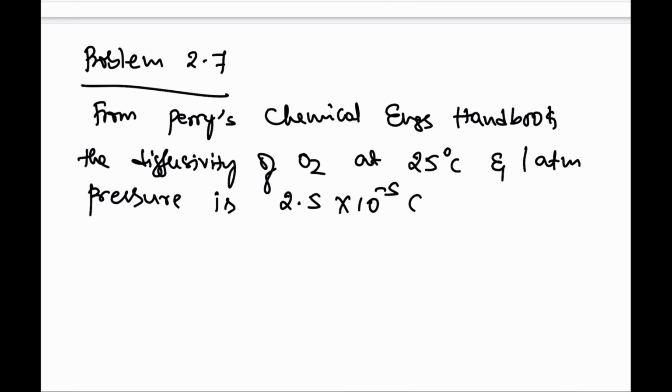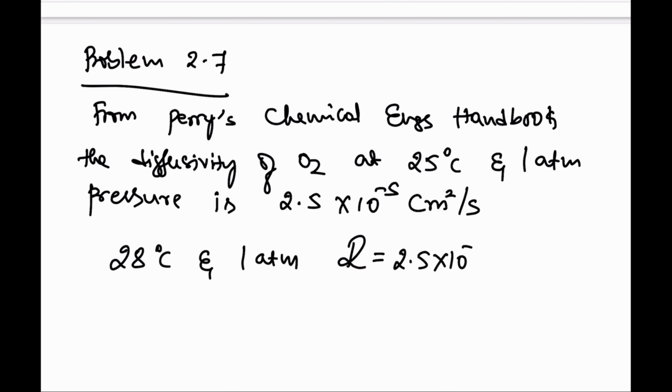In a previous problem we also got this value. As the temperature difference is not large, since the problem statement gives 28 degrees centigrade and again 1 atmosphere, we can assume the same diffusivity, 2.5 x 10^-5 cm^2/s, for 28 degrees centigrade also.